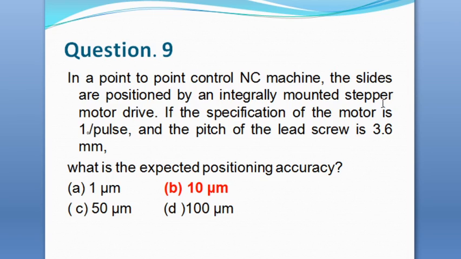This is a stepper motor problem. The specification of the motor is given as 1 degree per pulse. For receiving 1 pulse, the stepper motor rotates 1 degree. The pitch of the lead screw is also given, 3.6 millimeter. What is the accuracy of the table positioning?